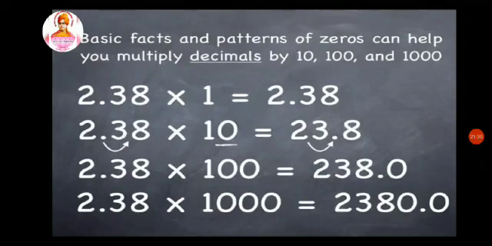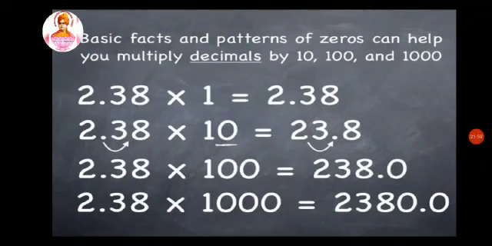Here I have a decimal point after 2, so if it is moved after the ones place, the number changes to 23.8. If you multiply by 100, the decimal point moves two places to the right, so the number changes to 238 point. If you don't have any other number after the decimal point, you can add a 0.